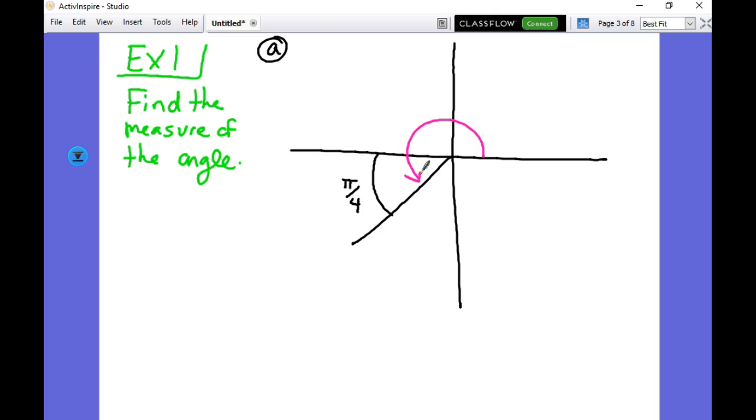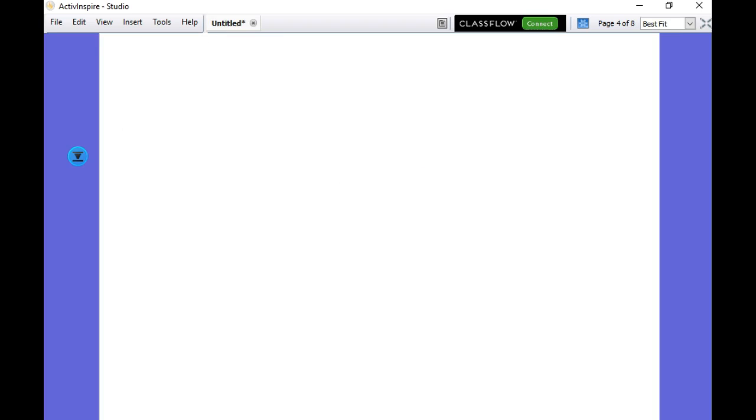All right. So something that's going to be helpful to remember before I come back to the slide, so if you're not done, just give me a second here. But something that's helpful to remember is, how much is that? 360, good, but we're doing radians, so 2 pi, good.